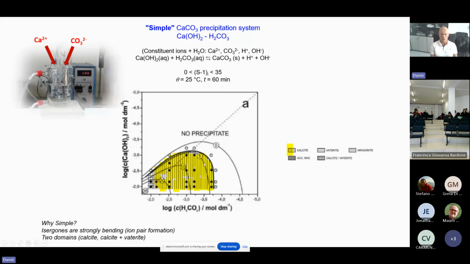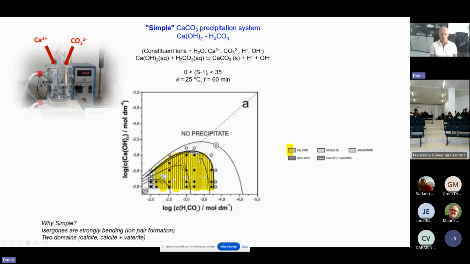It means that at this point, this is supersaturation 5. We have equal concentration of calcium ion and equal concentration of carbonate ion.